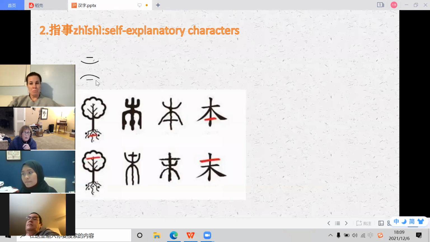And this is 下, it means something below, like above and below.